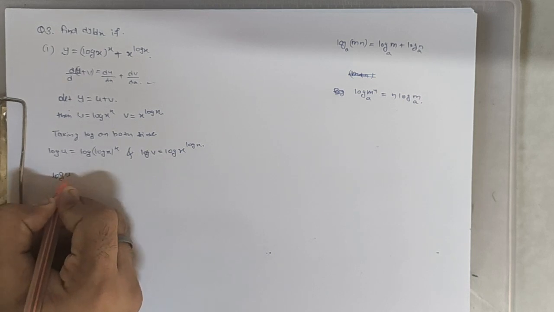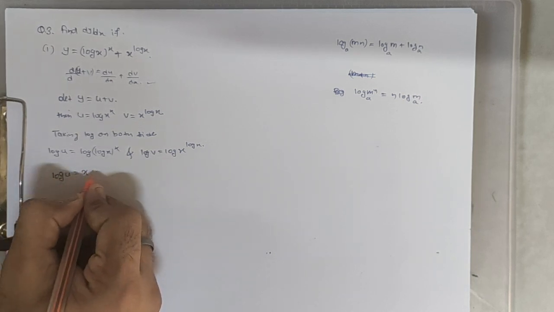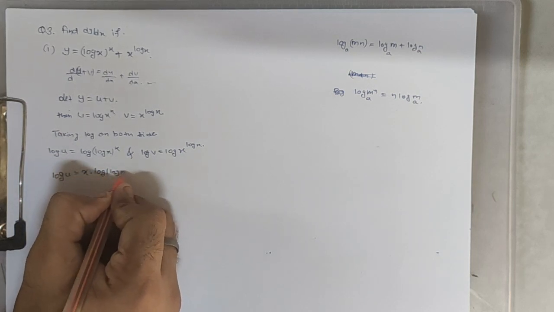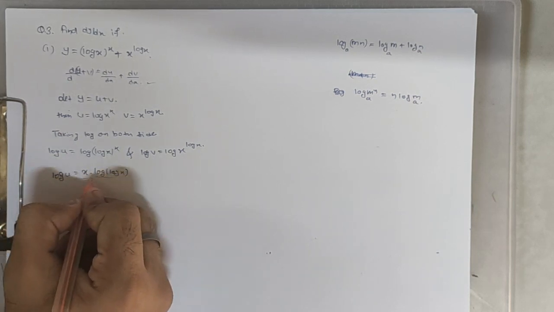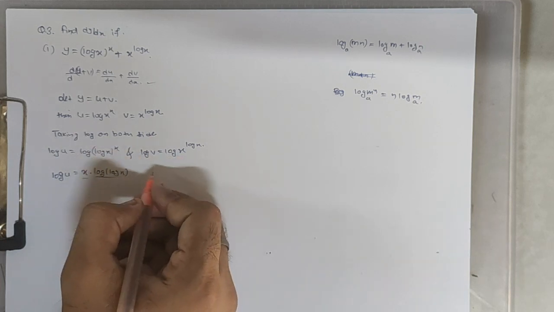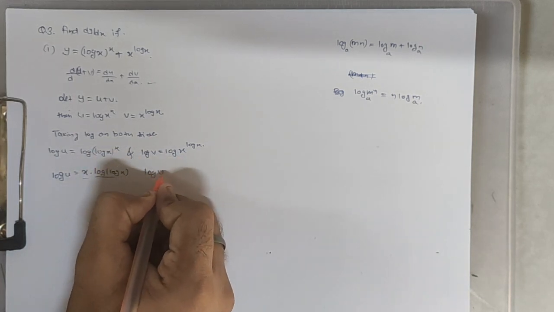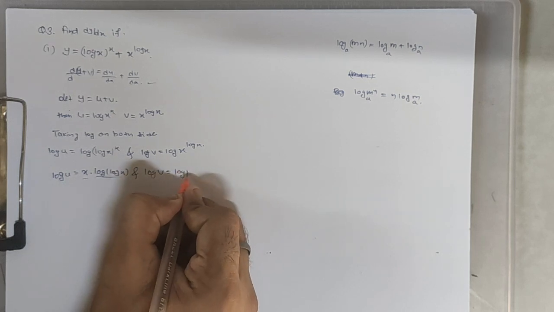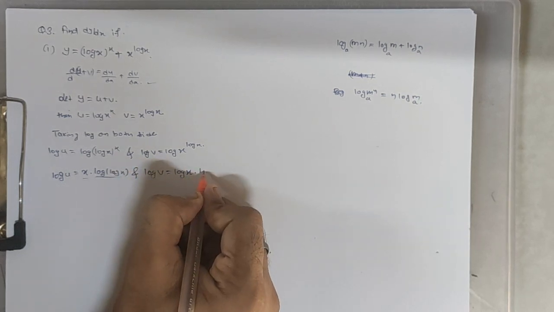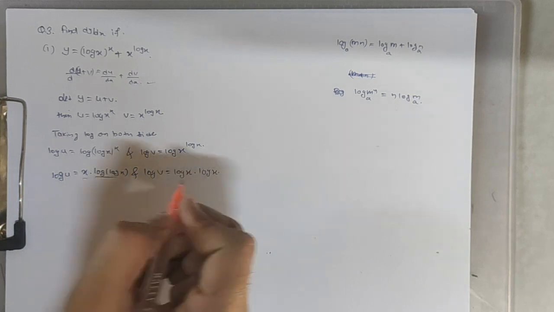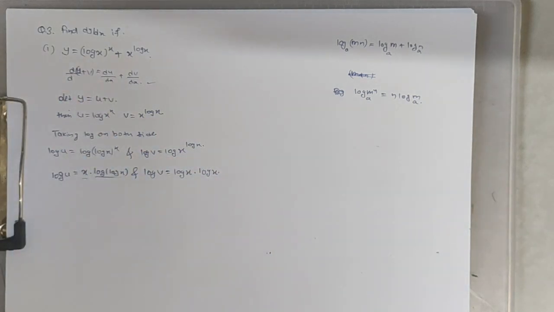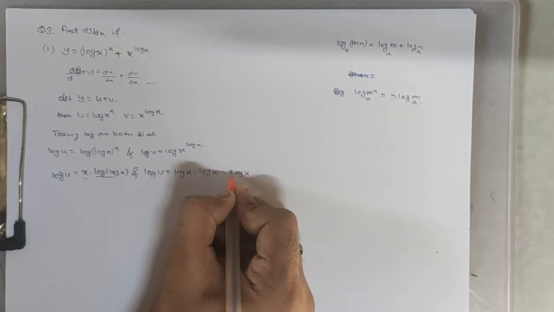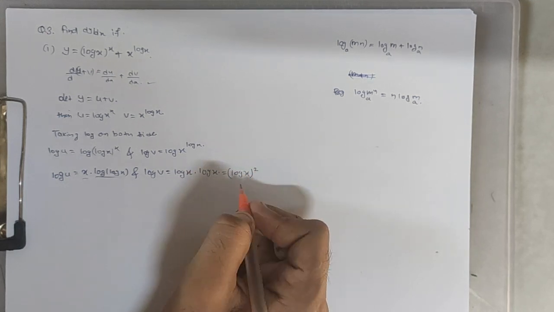So log of u can be written as x into log of log x. This is one function and this is another function. Similarly, log of v is equal to log x into log x. So indirectly we can write it as (log x) the whole square.